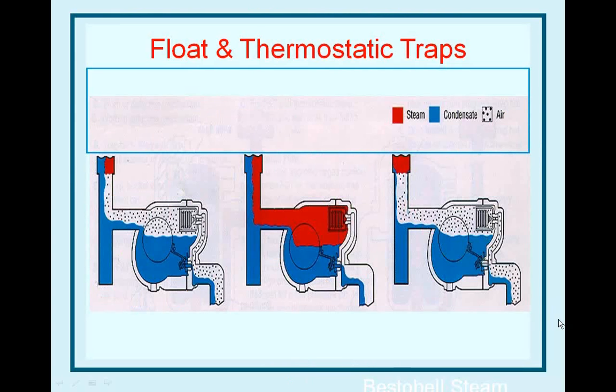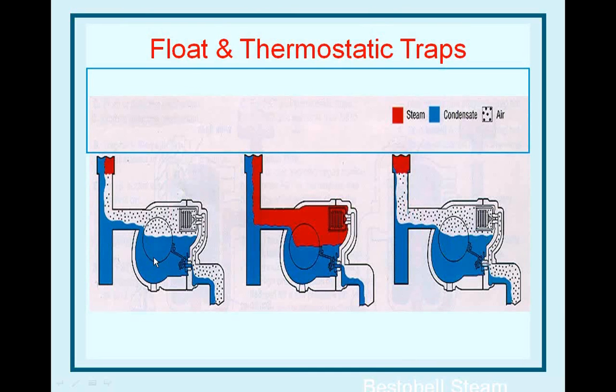A very popular type is a float and thermostatic trap, also known as F&Ts for obvious reasons, but these work on two very simple principles. One, you have a float, kind of like the float in your toilet, and you see the blue condensate coming in, and that float does exactly what it implies, and that opens the orifice.